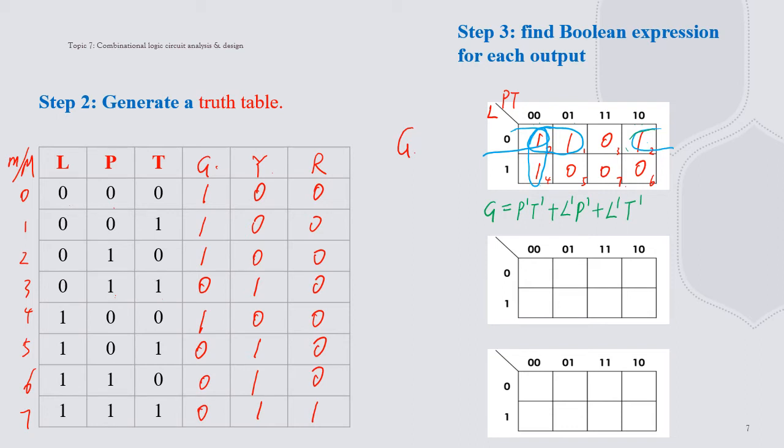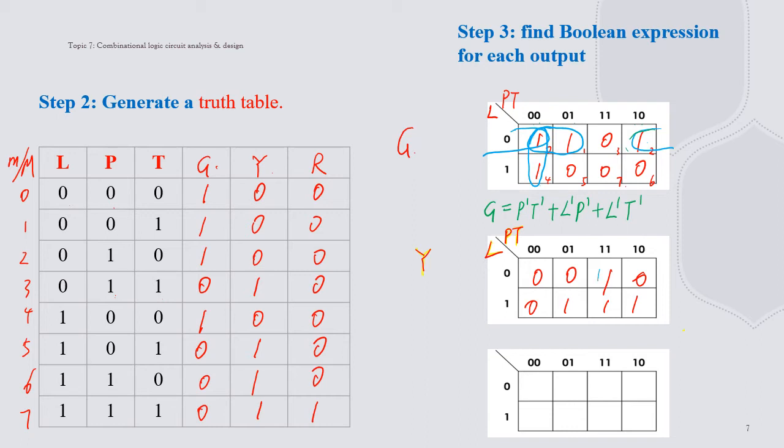Similarly, let's handle the yellow light. So still L, P, T for yellow. Let's translate it. So 0, 0, 0, 1, 0, 1, 1, 1. So how to group this?